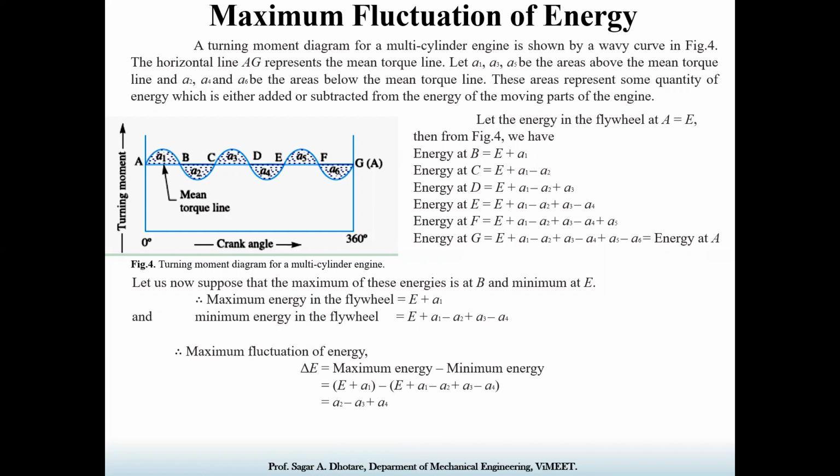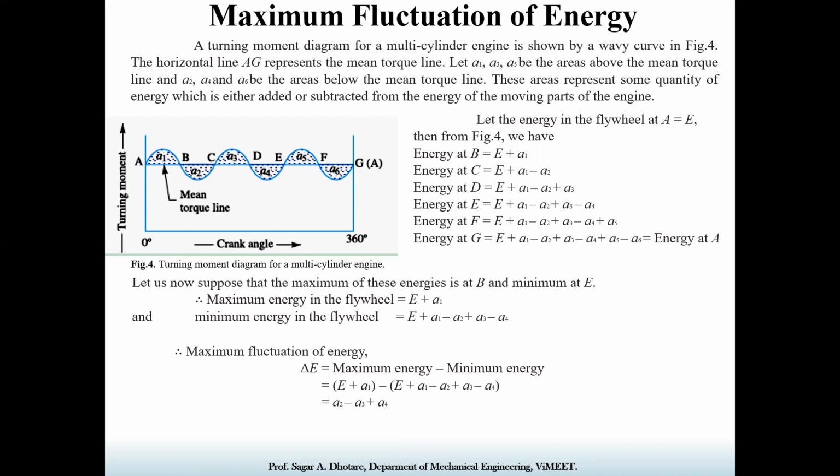So we need to understand how the energy changes from point to point. At point A, there is no initial energy, so E is equal to 0 approximately. At point B, the curve from A to B is above the mean line, so it is positive. So add area 1. From B to C, area 2 is negative, so we subtract the area.